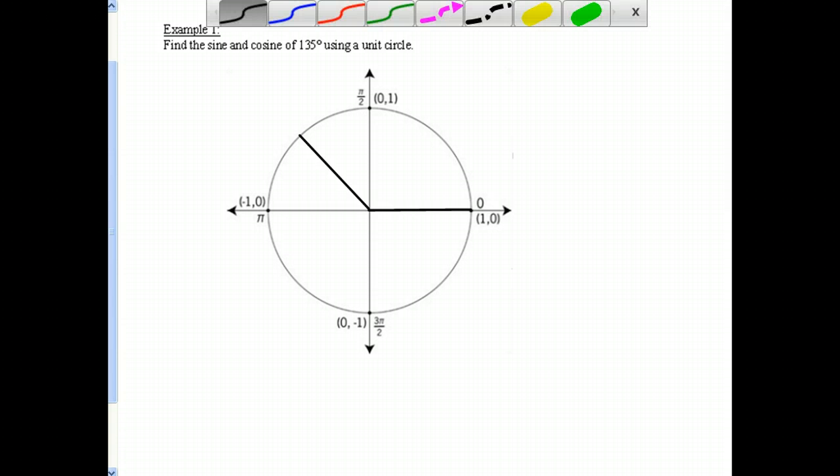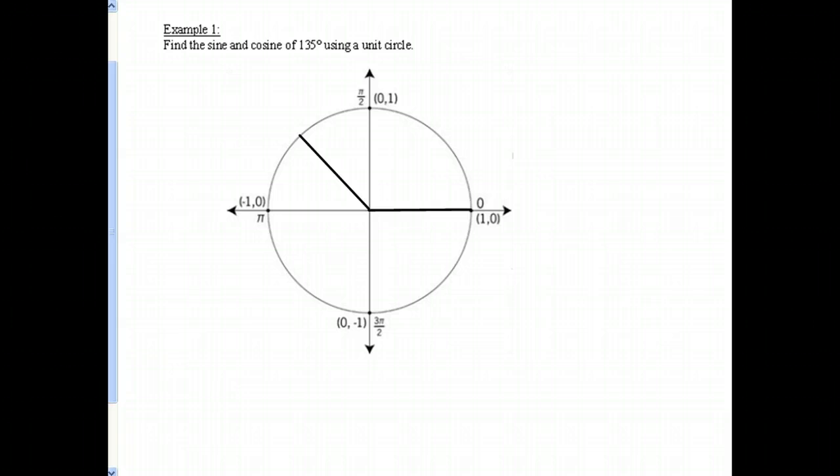And let's draw our angle here. So this is 135 degrees. In order to find the sine and cosine, we need to find the reference angle in this triangle. So let's just drop a perpendicular. And we might notice that 135 plus 45 gives us 180.